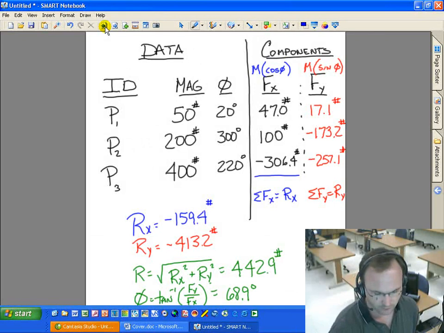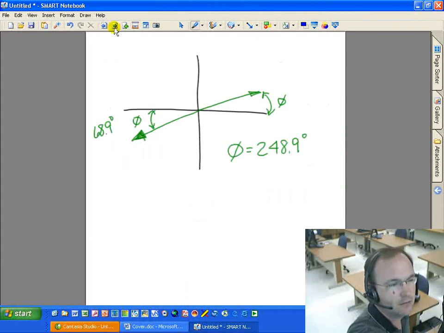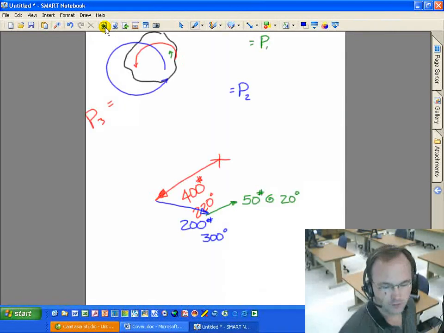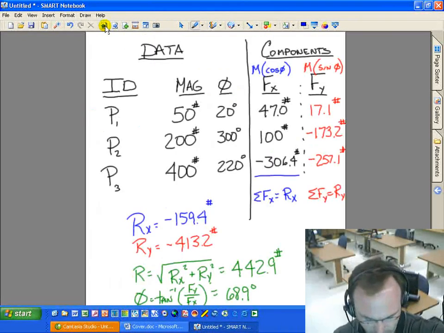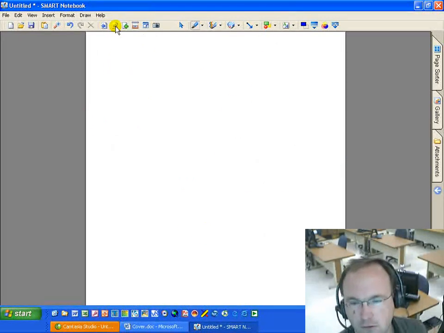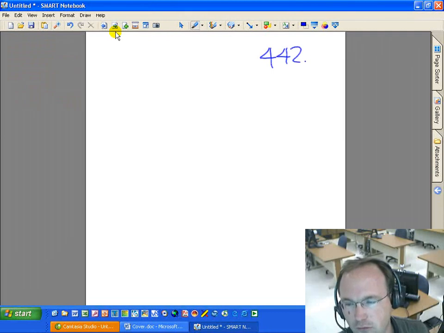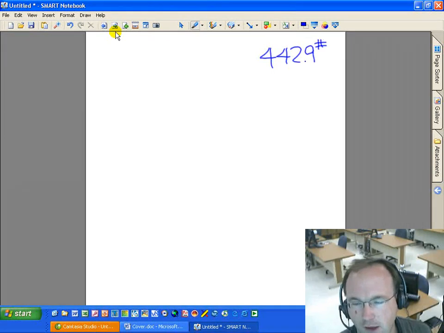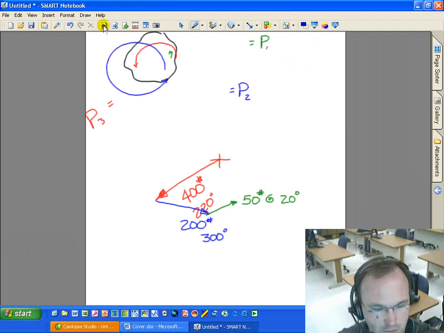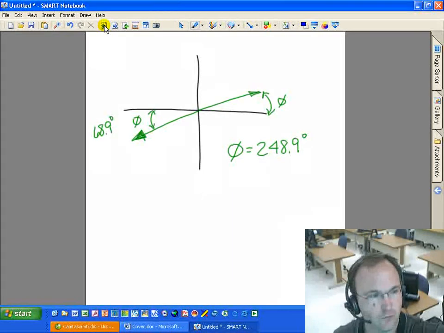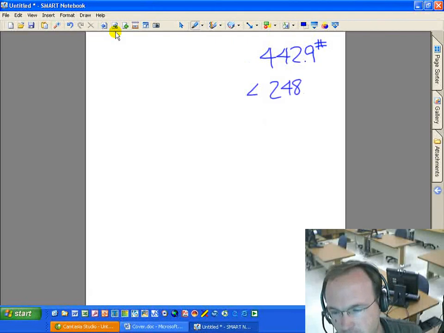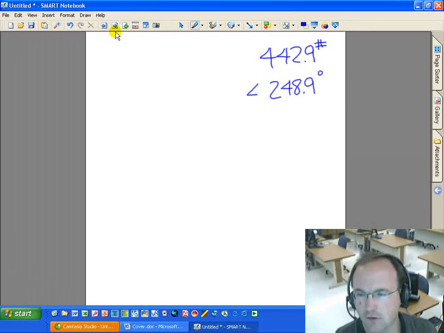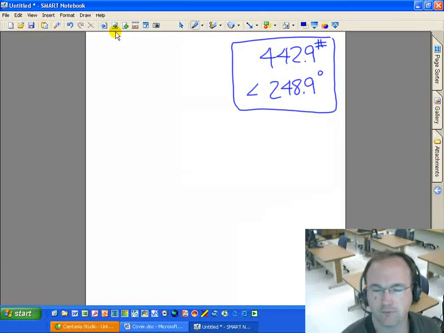So relatively, if we look at it, we would expect a resultant of 442.9 pounds and an angle of 248.9 degrees. So that would be the resultant.